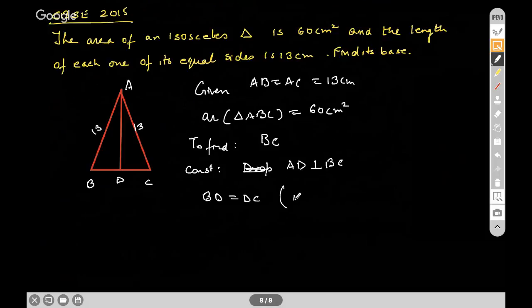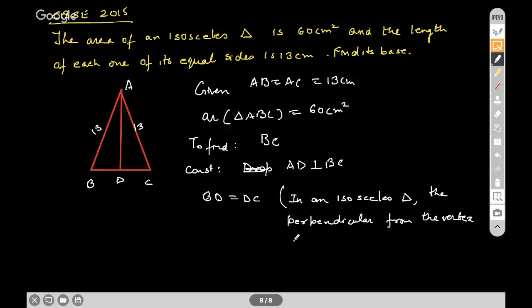You can write the reason: in an isosceles triangle, the perpendicular from the vertex bisects the non-equal side. Okay, so let us say BD is equal to x.